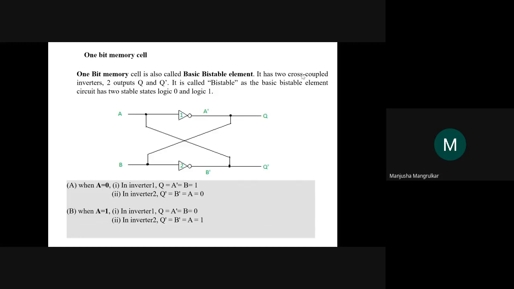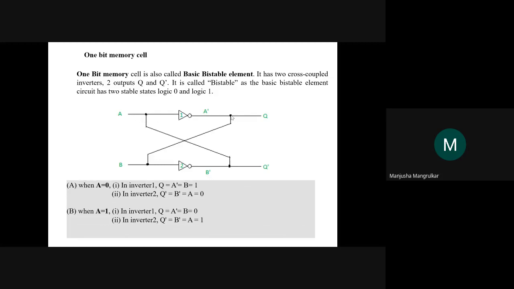It has two cross-coupled inverters, two inputs, and two outputs, that is Q and Q dash. It is called bistable because the basic element circuit has two stable states, logic 0 and logic 1, right? So this is a very simple latch.